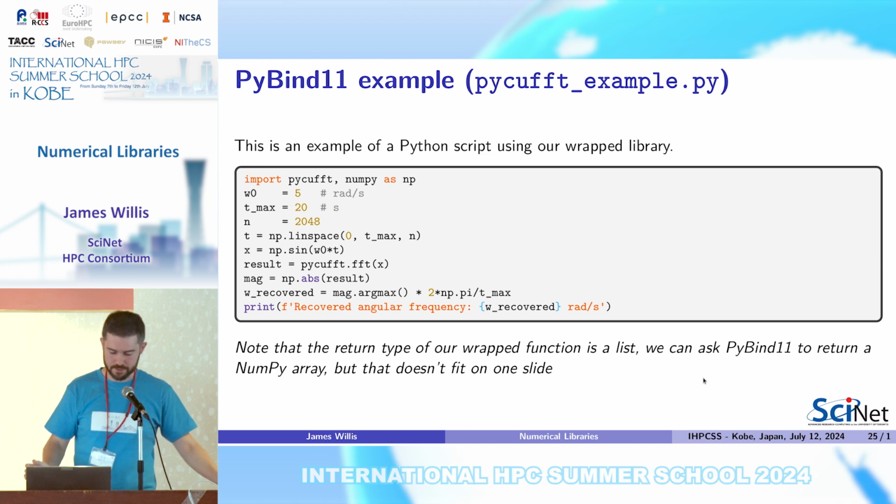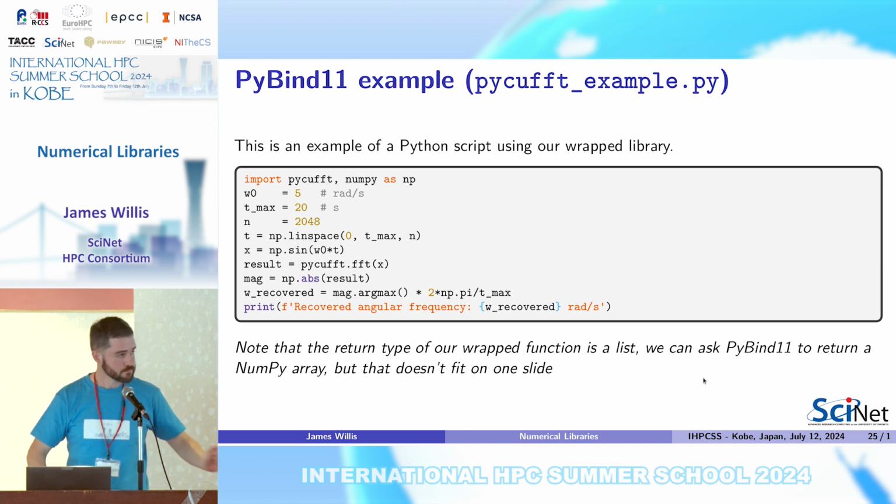Okay, so how do we actually use this in Python? This is just a simple Python script. We want to import a Python package, the one we've created with PyBind called PyCUDA FFT. We'll import NumPy, and then give it a series of input variables to compute on the GPU.